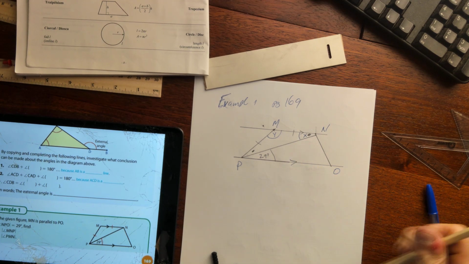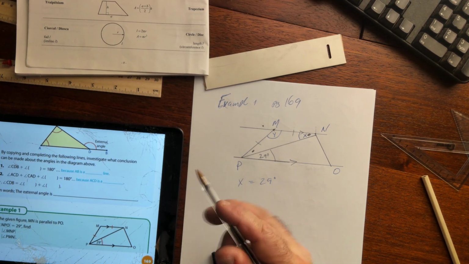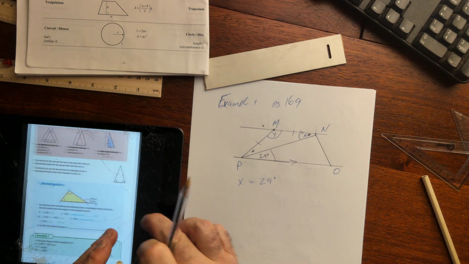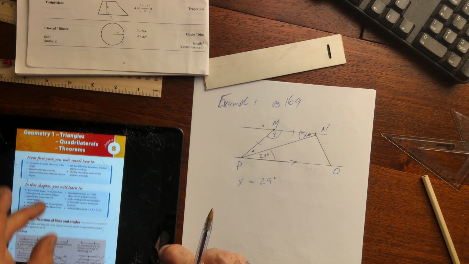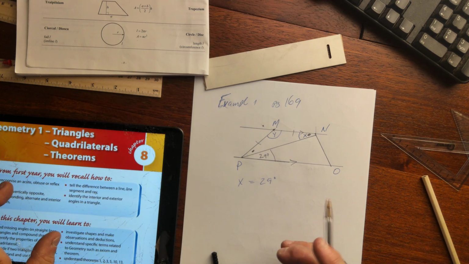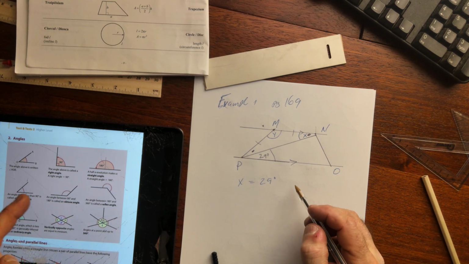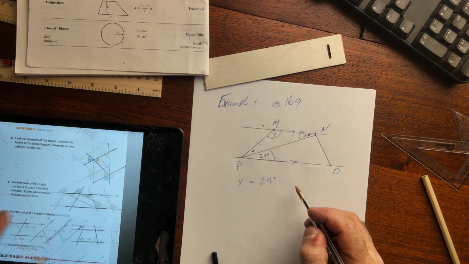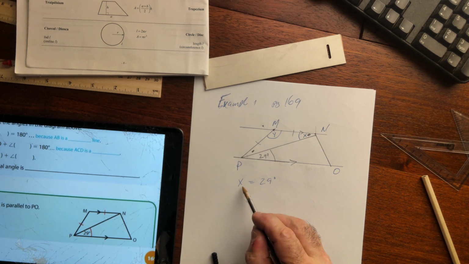So X equals 29. In geometry, you see here the name of the thing is triangles, quadrilaterals, and theorems. So we're going to start talking about theorems and the language around theorems. One of the things is you want to give a logical explanation for everything you say. So we give a logical explanation for saying that X equals 29.